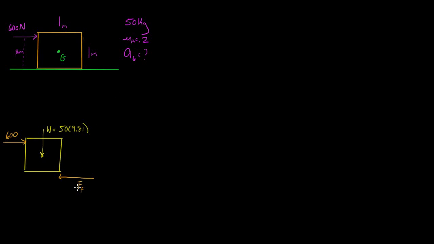And the frictional force is pointing to the left because this 600 Newton force, which is pushing the box, is pushing the box towards the right, and frictional force opposes the motion. And then we're also going to have a normal force, and we're going to draw the normal force somewhere over here, and it is going to be a distance of x away from the center.